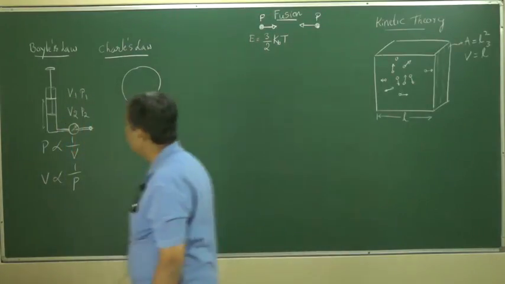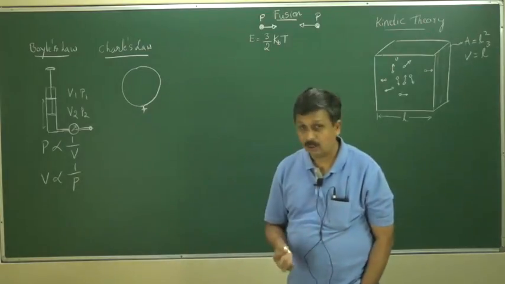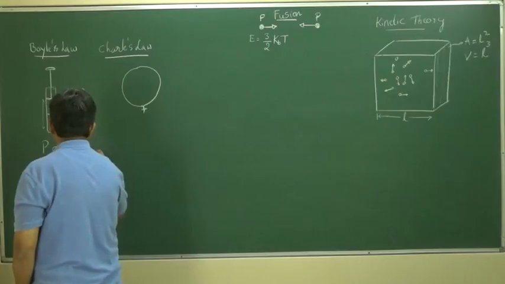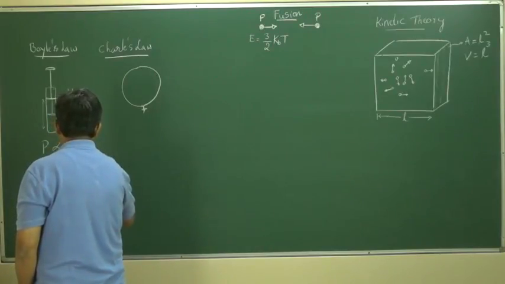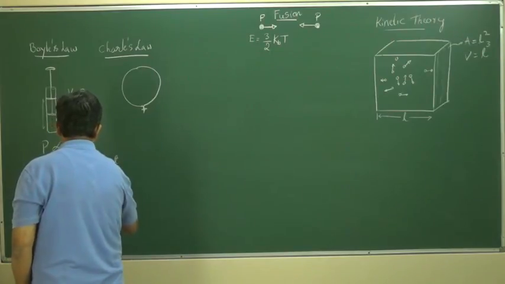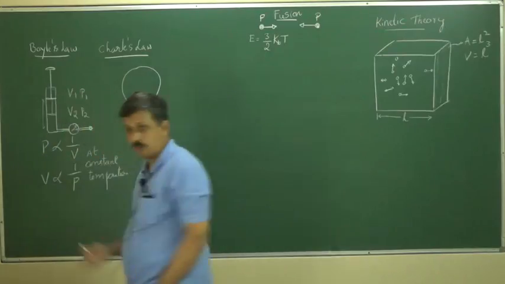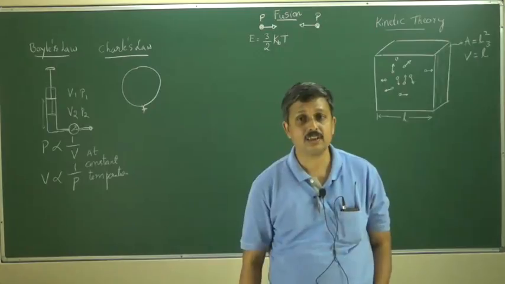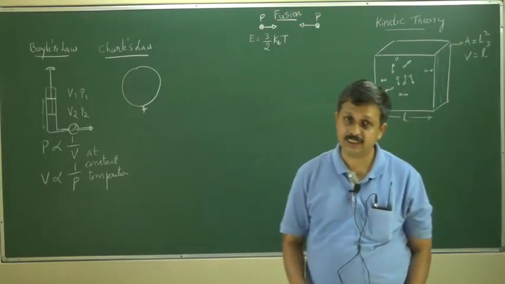Okay, so this is basically called as Boyle's law. Only other statement we want to add is that at constant temperature, okay, the moment you increase the temperature or decrease the temperature, this law does not directly hold good, because temperature also affects the pressure of the gas, okay, inside.